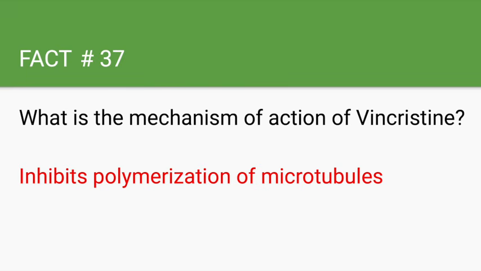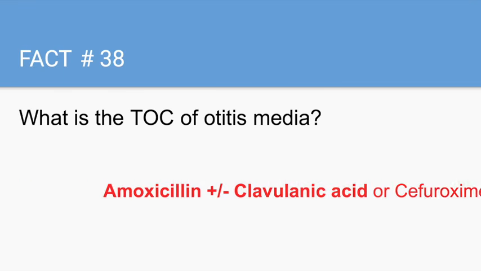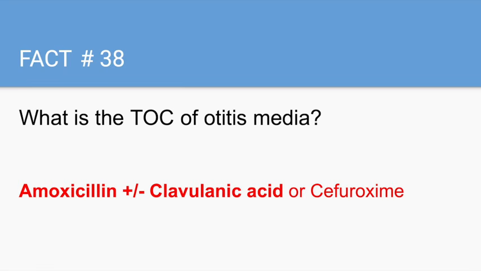What is the treatment of choice of otitis media? Amoxicillin and clavulanic acid or cefuroxime. So recall that for otitis externa, it is treated with fluoroquinolones, while for otitis media, it is treated with amoxicillin and clavulanic acid or cefuroxime.